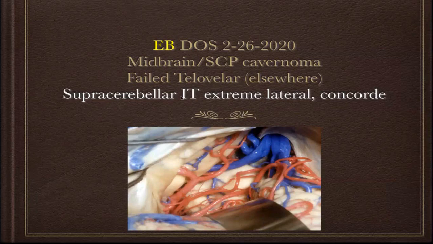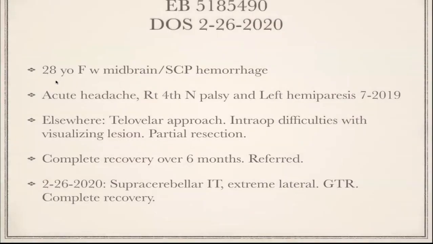She was then referred to me, and I utilized a different approach, which is supracerebellar infratentorial, extreme lateral in the Concorde position. I don't really use the sitting position much, although it certainly has its advantages. So let's see what went on with this case.